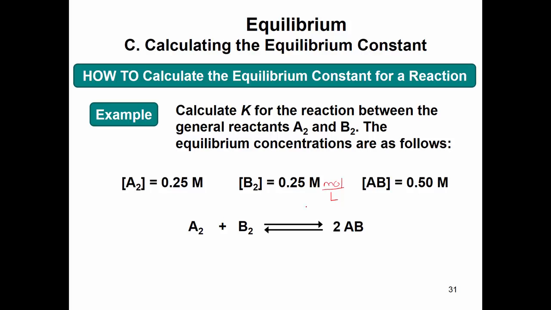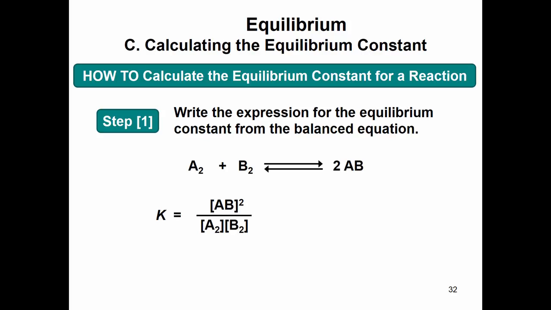We're going to put these numbers into our equation for K. K equals product concentrations over reactant concentrations, and then we have to raise these to the power of the coefficient. So we just have a 1 and 1 here and a 2 there, so we have to raise these to the power of their coefficients.